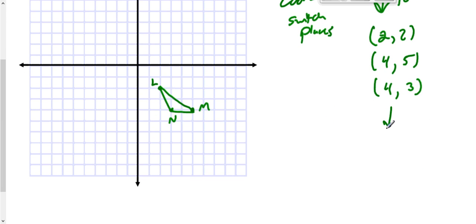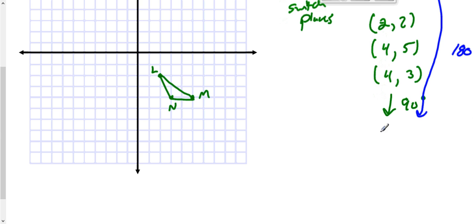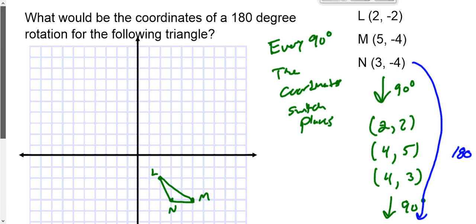So after another 90 degrees, which from the beginning is at 180, they've switched back. Now the top doesn't change too much, 2, 2, 5, 4, 3, 4. So that's the order of the coordinates.